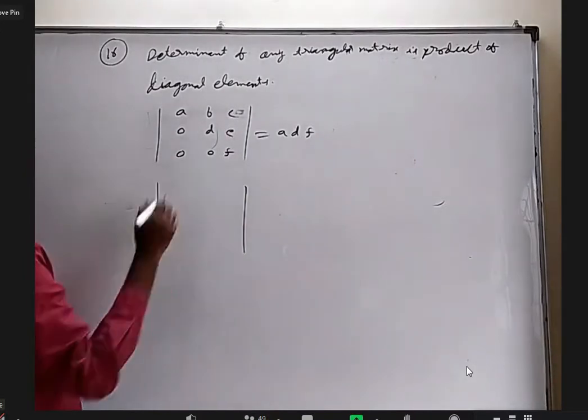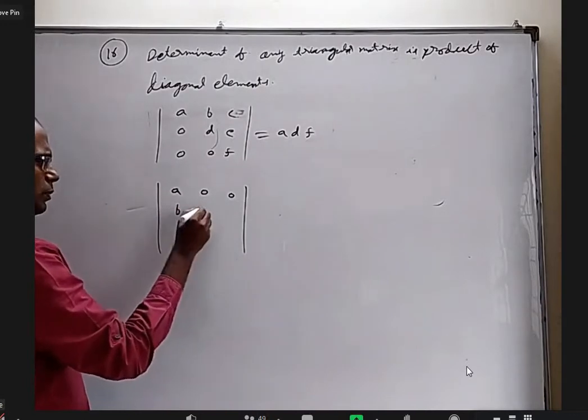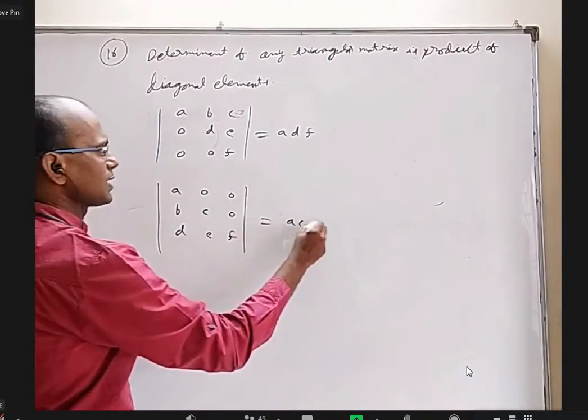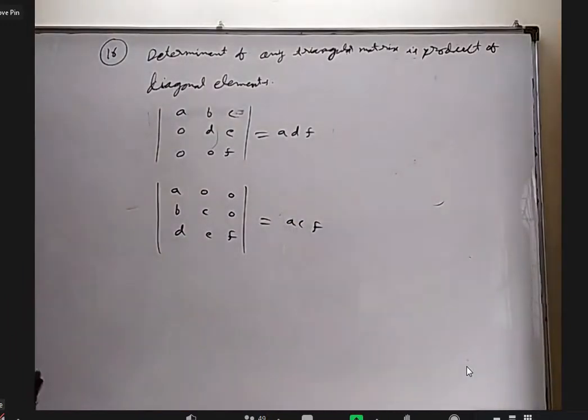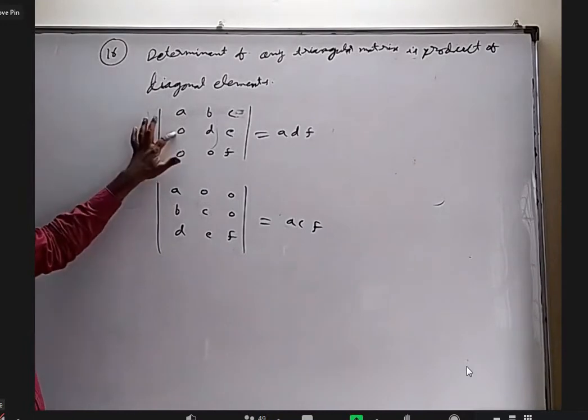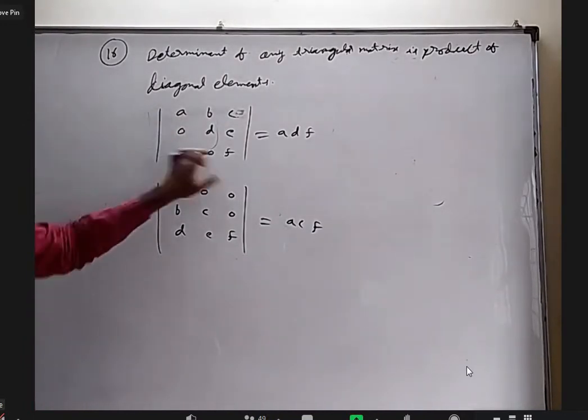Even if it is lower, let us say A, 0, 0, B, C, 0, D, E, F, then it is A, C, F, the product of diagonal elements. You can easily calculate it by expanding along the first column: 0 into anything is 0, 0 into anything is 0, A into (C F minus 0).